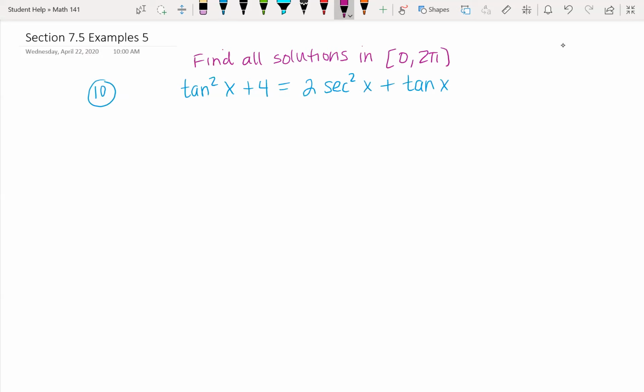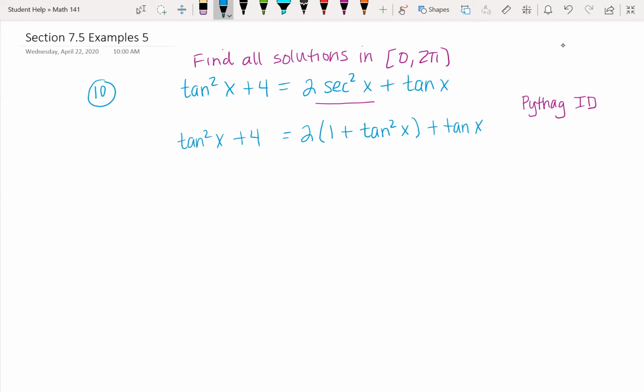And so we're going to use one of the Pythagorean identities so that we can get rid of the secant squared that's here. We're going to switch that out for 1 plus tangent squared. Right, so we're using a Pythagorean identity. Plus tangent x. And on the left side, we're just going to keep this as it is. Okay. Next, I'll distribute the 2 to both items.